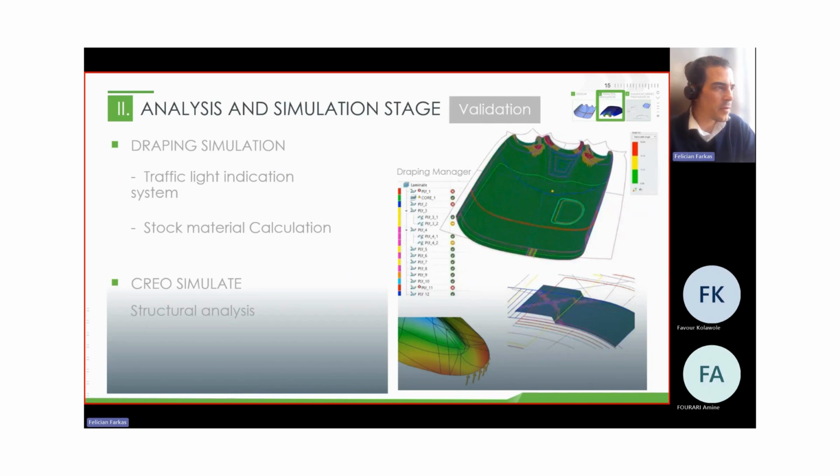We have a tool here called the traffic light indicator system, with green, yellow, red signs, which shows where the ply is good to go with the draping consideration and the shear angle we use for those particular material choices and thickness.